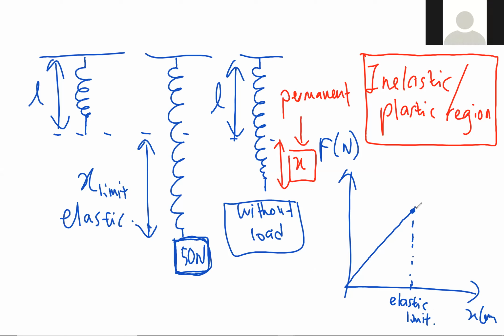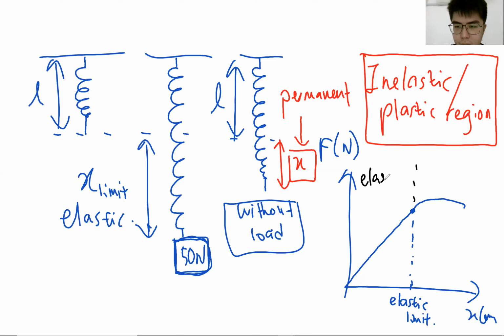It will become something like a curve, and we can say that the force is no longer directly proportional to the extension beyond the elastic limit. So if you label it here, the first one is the elastic region, and this is the inelastic region.